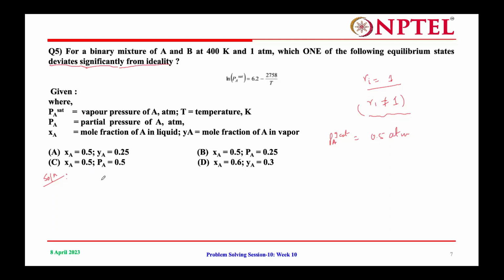Now the partial pressure is gamma i xi Pi sat, so you can write P i equal to gamma i xi Pi sat.